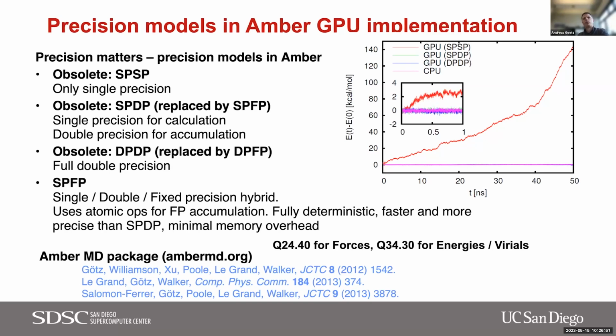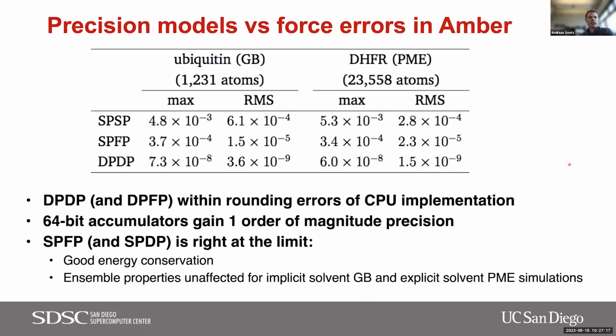If you compute everything in single precision, as we had in an initial implementation of the CUDA code, it just blows up, so the simulation is not numerically stable. But if you use fully double precision or this mixed precision, SPDP, which was the predecessor to SPFP, everything is fully numerically stable, right? So you just need to know what you're doing and be careful about it.